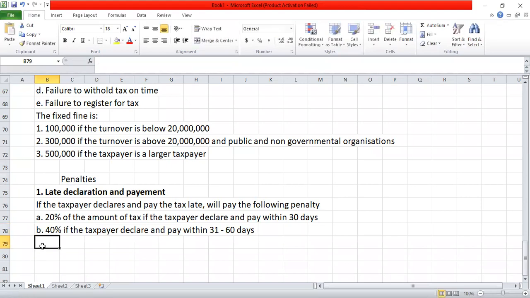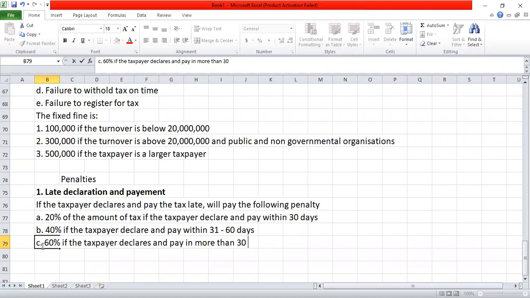Then C is going to be 60% if the taxpayer declares and pays in more than 60 days.